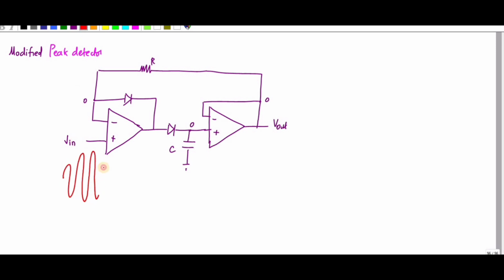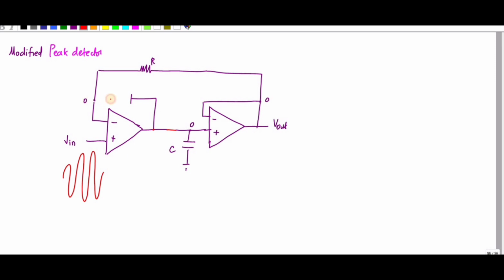If the input signal starts to increase, the plus value is greater than the minus value, so this diode is forward biased. If this is positive, this diode becomes open circuited, right? So this is open circuited, and this one is short circuited.